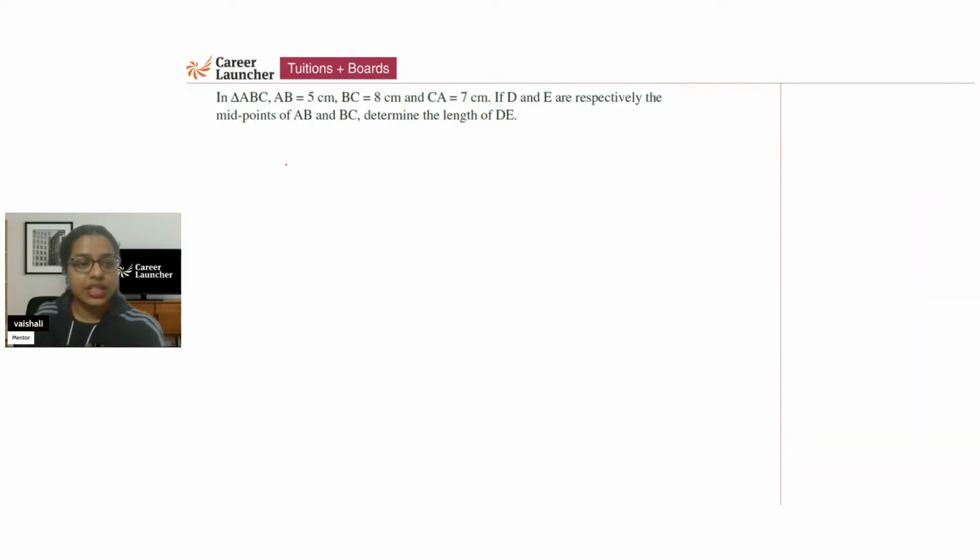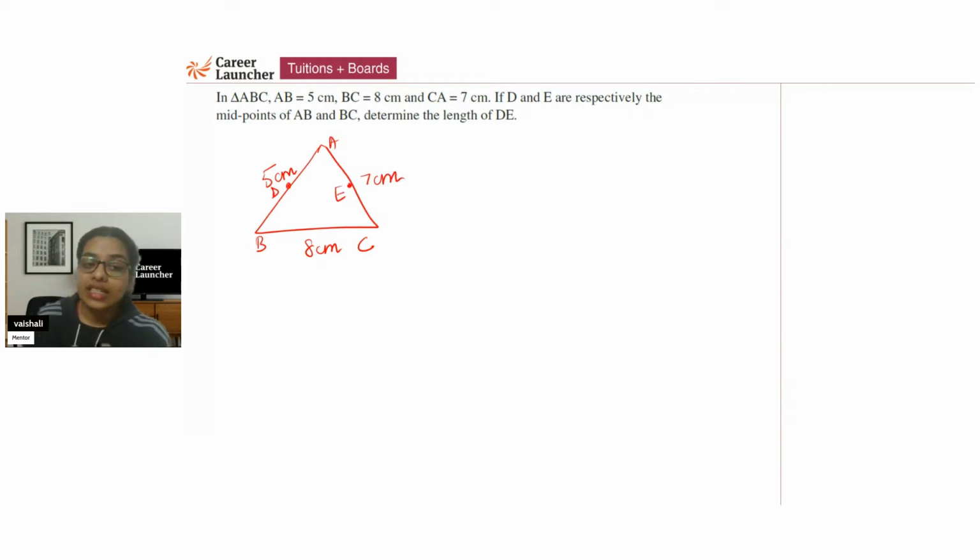This is the question. In triangle ABC, AB is equal to 5 centimeter, BC is equal to 8 centimeter, CA is equal to 7 centimeter. If D and E, this is my point, D and E are the midpoints of the sides AB and BC, then we need to determine the length DE.